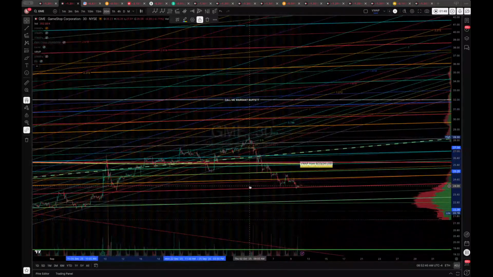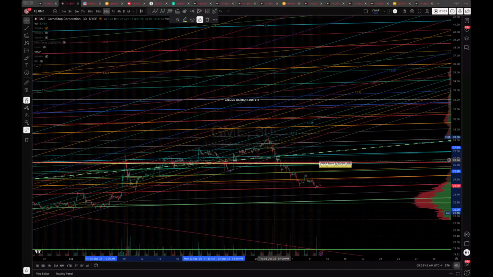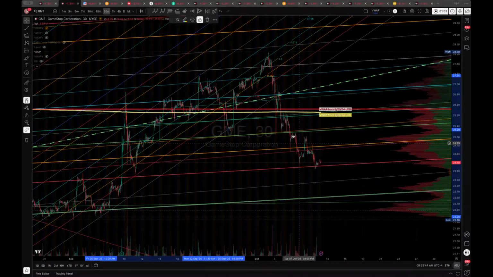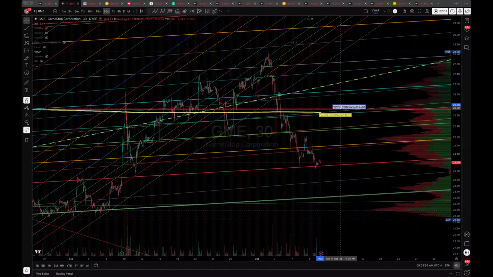But now, obviously, here in October, it's moved out of that channel, and price action is still respecting several of these other lines that I've already got here, and those are lines that I have not touched in a long time.